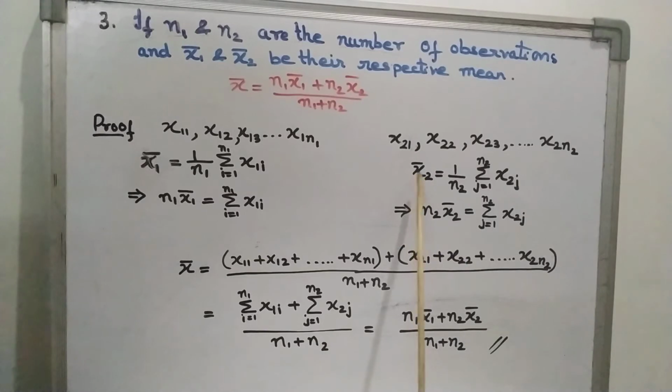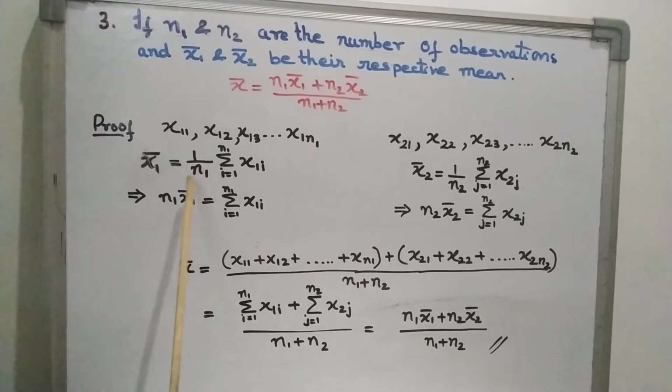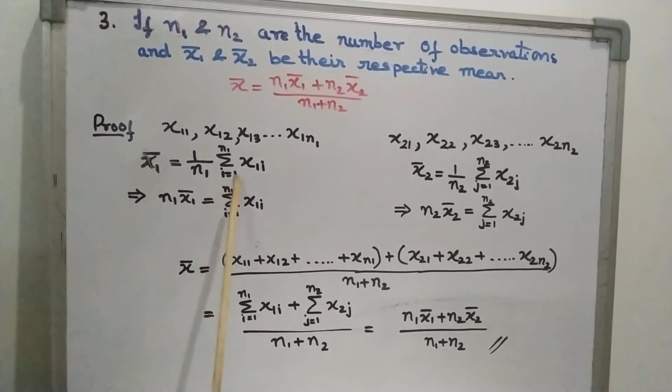So x2 bar is equal to 1 by n2 summation of x2j, where j goes from 1 to n2. Now if we bring this n1 to this side, it will be n1 x1 bar equal to the summation of this. Similarly, if we bring n2 to this side, n2 into x2 bar is equal to the summation of this.